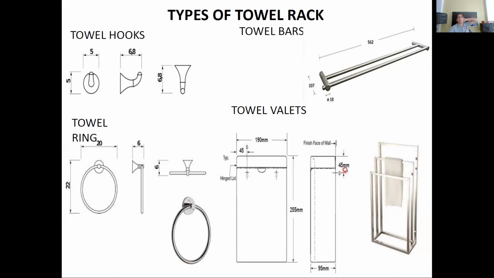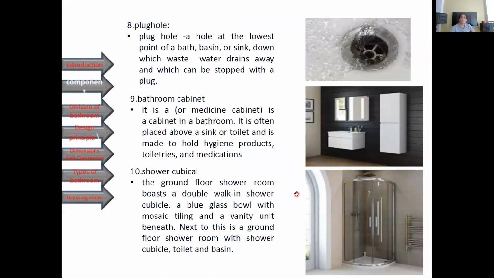So the installation of a towel rack is usually about, sometimes it's about 1.8 from the floor, or sometimes it's about 1.9 from the floor, depending on the design of the designer.